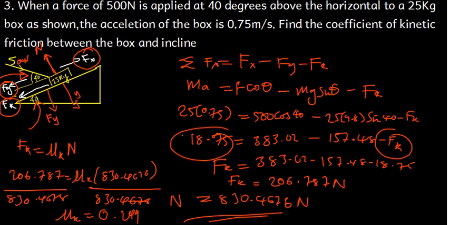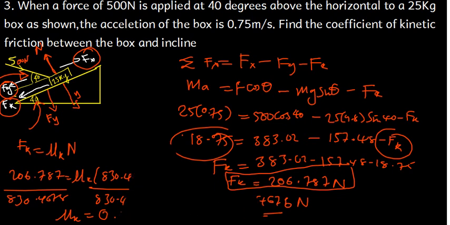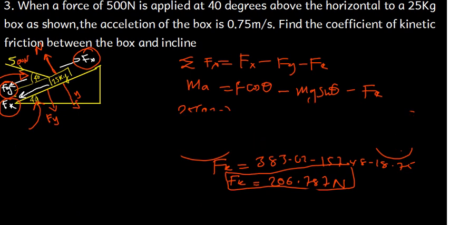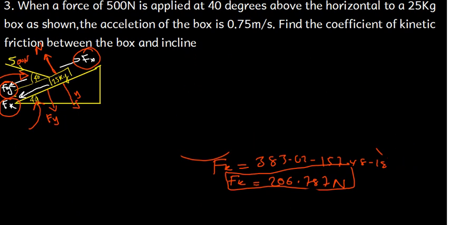So let's keep this equation in mind, the value for Fk. I just want us to double check what we have done. I want to confirm again the normal force that we found. We said the normal force we calculated from the forces in the y.